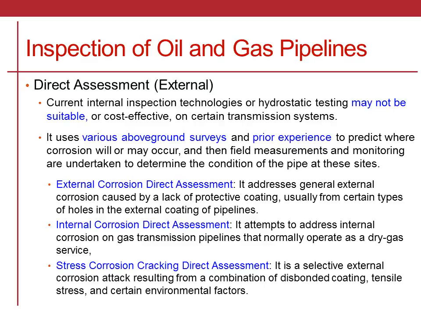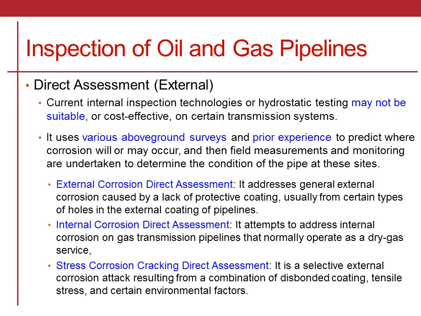The method explained finally is the direct method. Current internal inspection technologies or hydrostatic testing may not be stable or cost-effective on certain transmission systems. This method uses various above-ground surveys and prior experience to predict where corrosion will or may occur, and then field measurement and monitoring are undertaken to determine the condition of the pipe at this site.